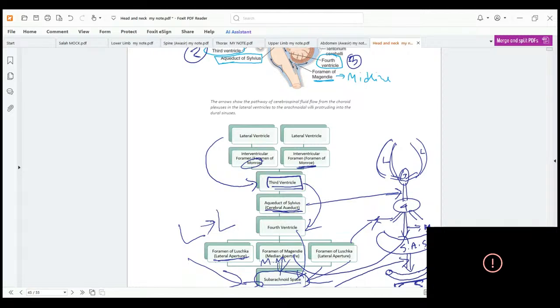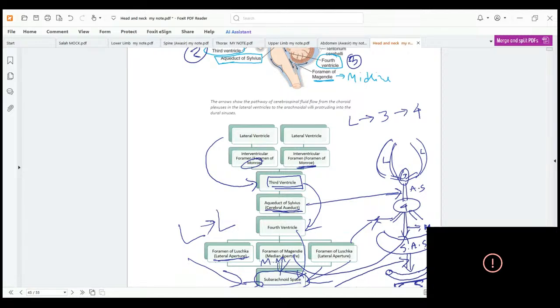From the third ventricle, the aqueduct of Sylvius to the fourth ventricle. So lateral ventricle, then third ventricle, then fourth ventricle.